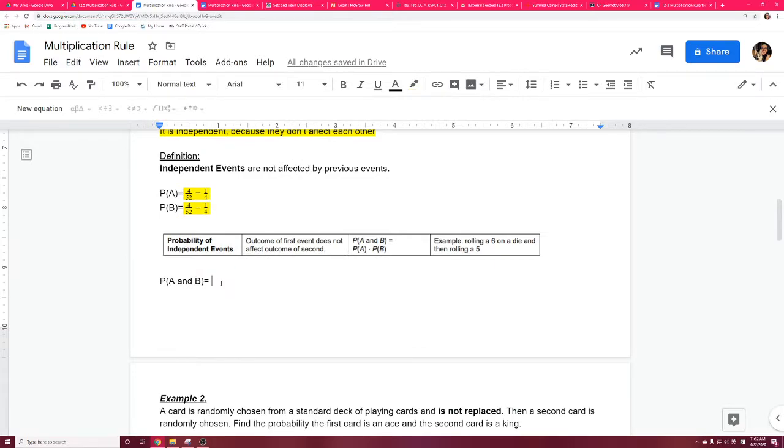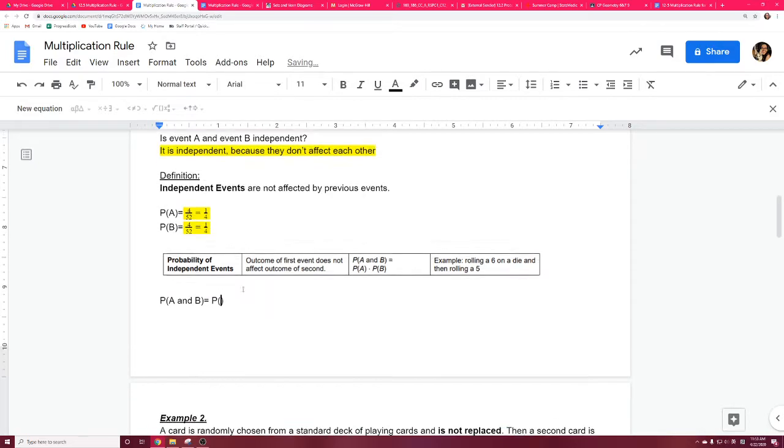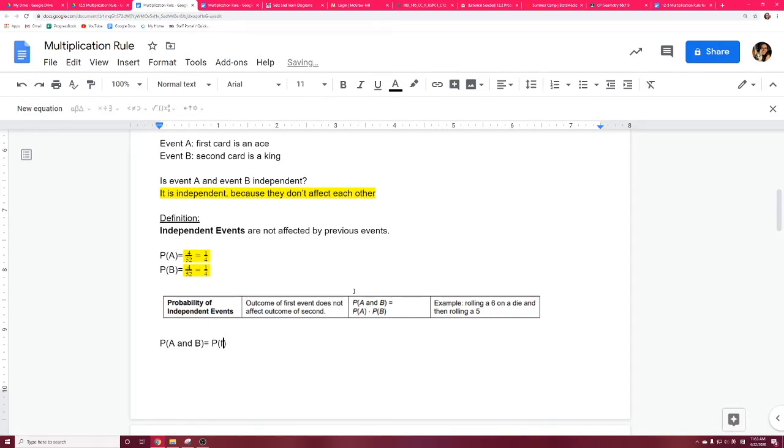And then over here they ask, what is the probability of A and B? Which means the probability that the first card is an ace, and the second card is a king. What is the probability of both happening together?